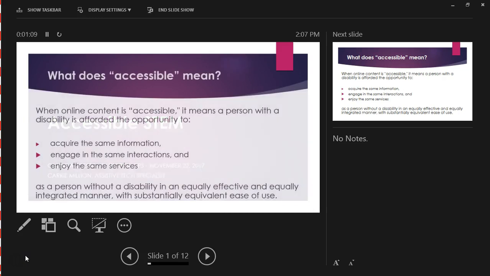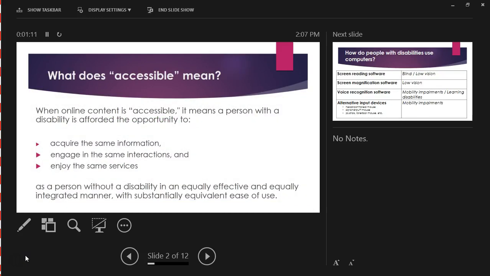So to start with, I throw the term accessible around a lot, and I have to remind myself that it's not always obvious what that means. So what does accessible mean? Well, when online content is considered accessible, it means that someone with a disability is able to acquire the same information that someone without a disability would be able to, engage in the same interactions, and enjoy the same services.